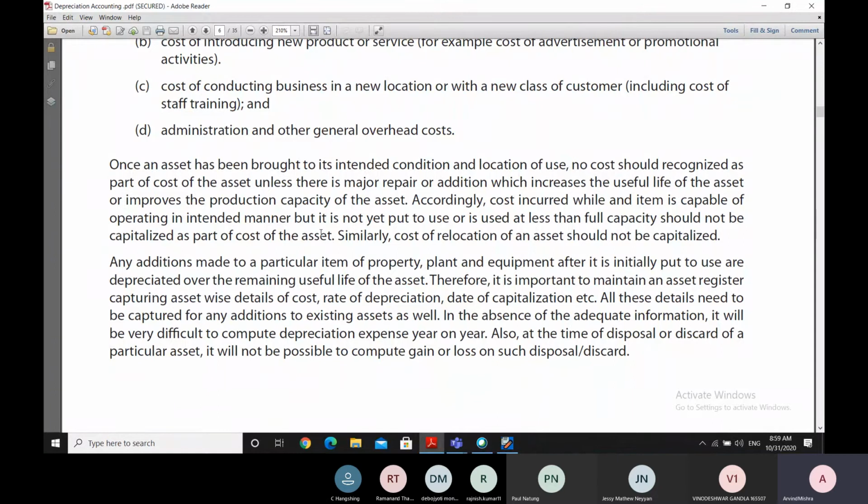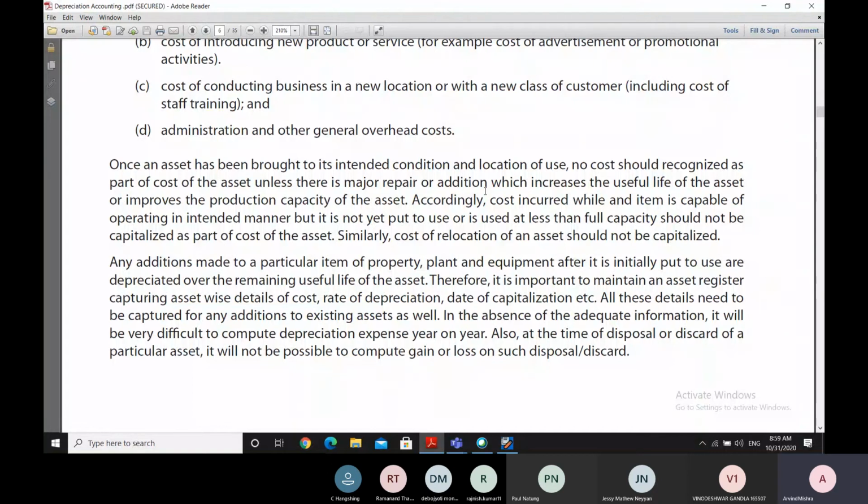Now, accordingly, any cost which is incurred while the item is capable of operating in an intended manner, but it is not yet put to use or is used at less than full capacity, should not be capitalized as part of the cost of the asset.